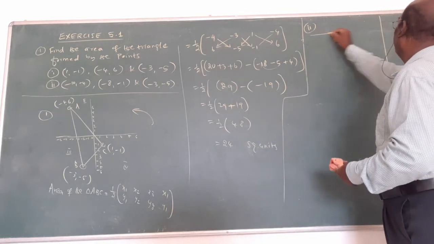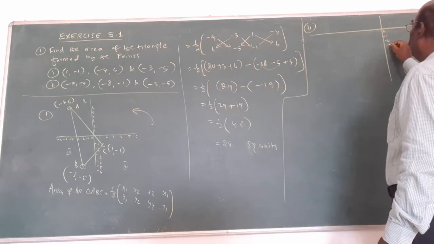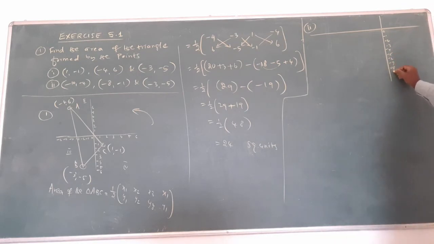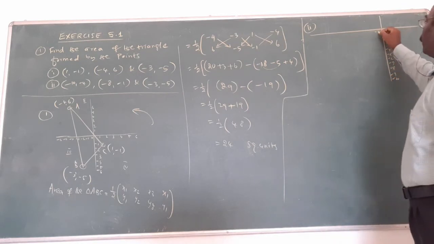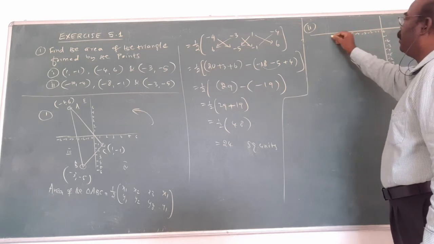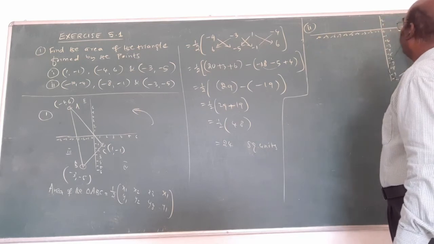In this way, 0, minus 1, minus 2, minus 3, minus 4, minus 5, minus 6, minus 7, minus 8, minus 9, minus 10. Here also minus 1, minus 2, up to minus 10.